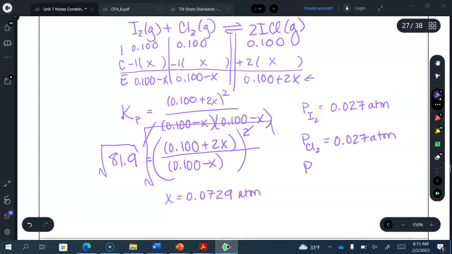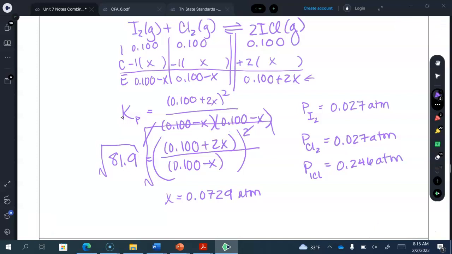And then the pressure of the iodine chloride gas is 0.1 plus 2 times this value, which is 0.246 atmosphere.